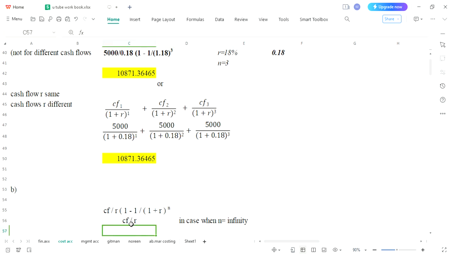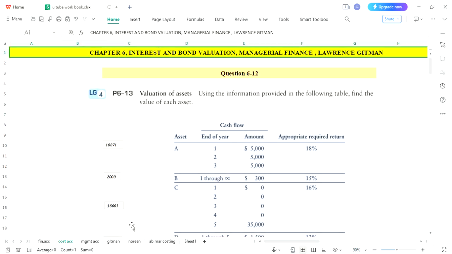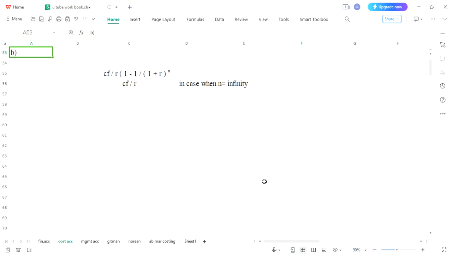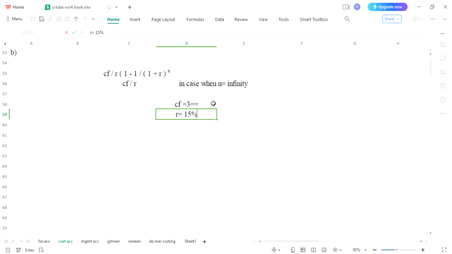In this case, case number B we are discussing, cash flows are 300. So you can put values over here. Your cash flow is equal to 300 and rate of interest is 15% or rate of return.